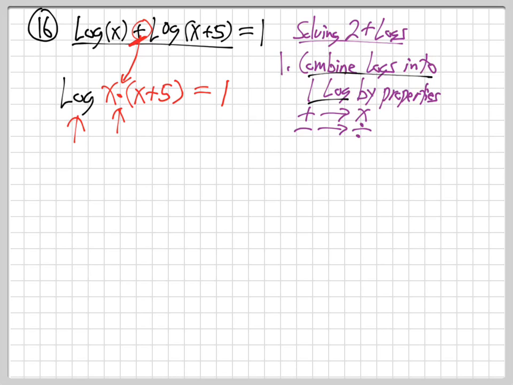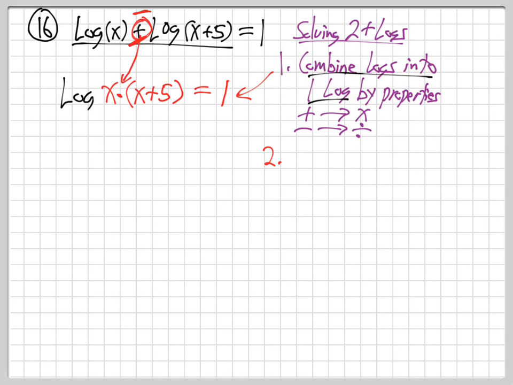Remember that property? Adding becomes multiply. If that was subtraction in the middle, then this would have been log of x over x plus 5, would have been divide. We'll do some of those in a minute. So let's keep going. So there's step 1. Combine them into 1 log. So if you got 2 logs, make them into 1 log.